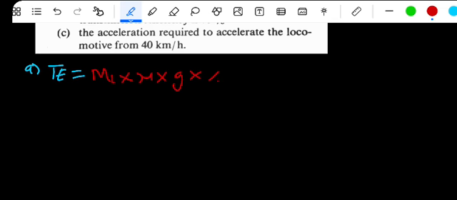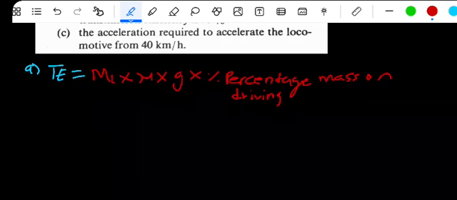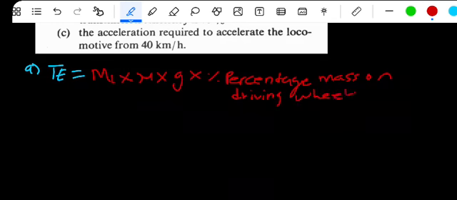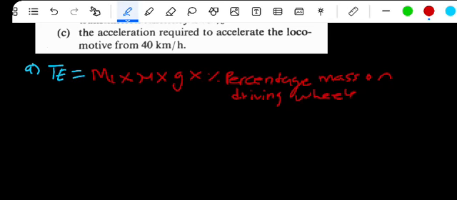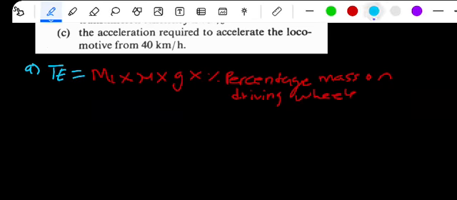It's a percentage. Multiply this by the percentage of the mass on the driving wheels. All right, we've been given that. We'll talk about driving wheels then.